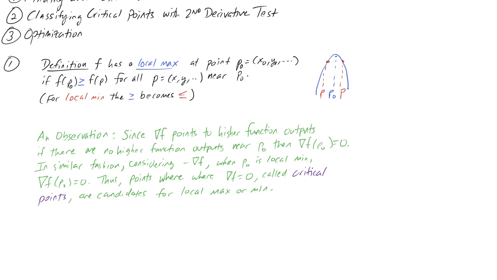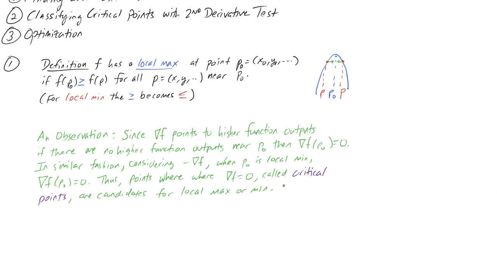So if we were over here at this p, then it would point this direction, indicating that we should go towards p naught, and if we're at this p, it would point this direction, indicating that we would go toward p naught. But once I'm here, I don't go away from that because that's the highest function output. And that's true for local mins too, and you can justify that using the negative gradient.